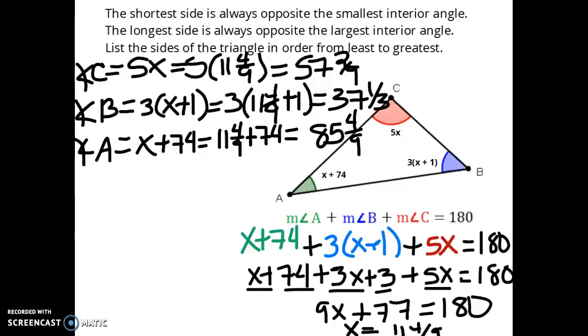Angle A is the largest. Angle C is next. Angle B is last.